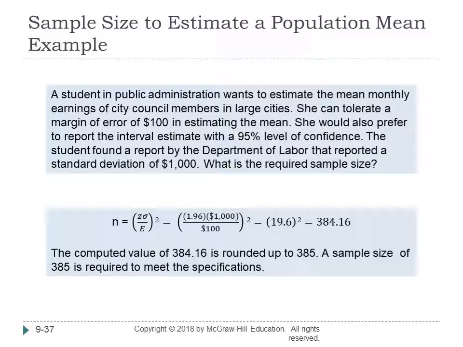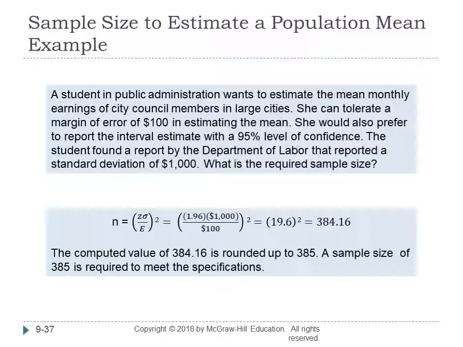That of course will determine Z. The student found a report by the Department of Labor that reported a standard deviation of 1,000. So what is the required sample size? Using the formula, N is equal to Z times sigma over E, everything squared.